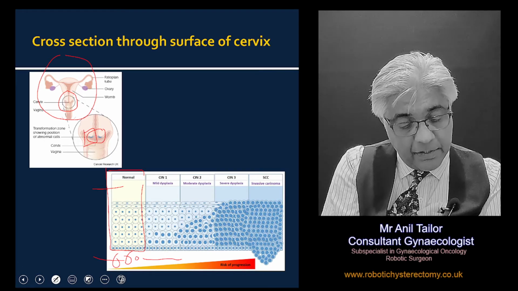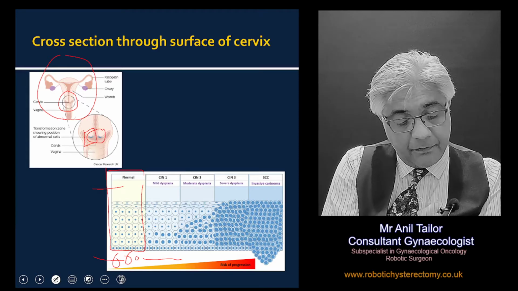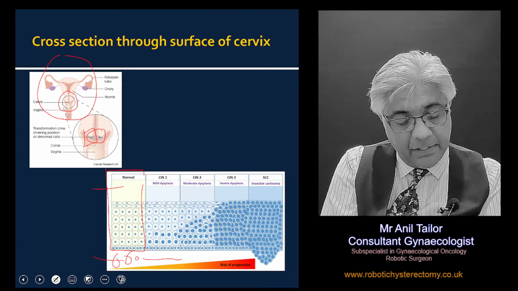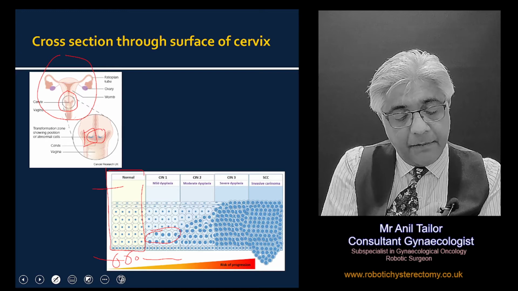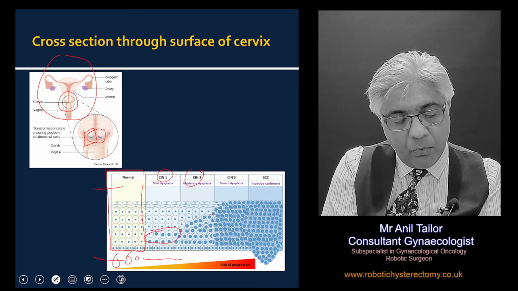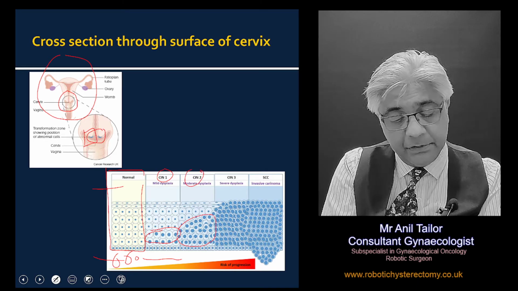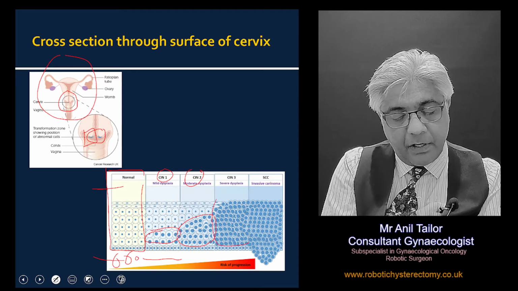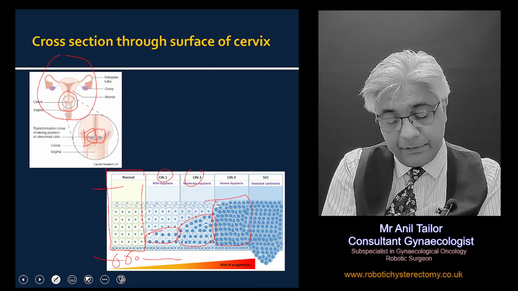In a normal individual, all the cells are ordered in that fashion, and when precancer starts, it starts at the bottom layer, and as the precancer progresses, there are more and more of the abnormal cells, until at the worst point it covers the entire layer of the surface.